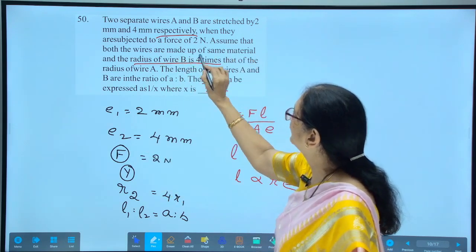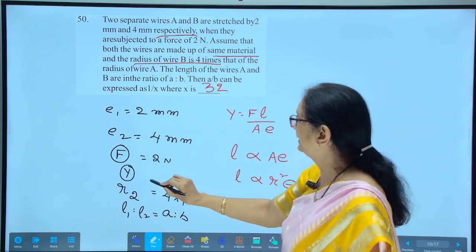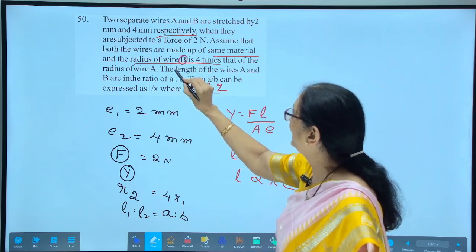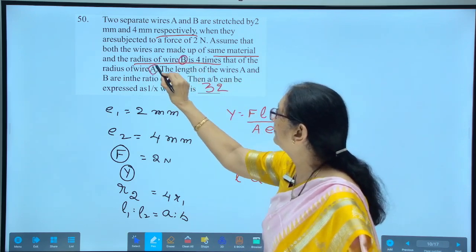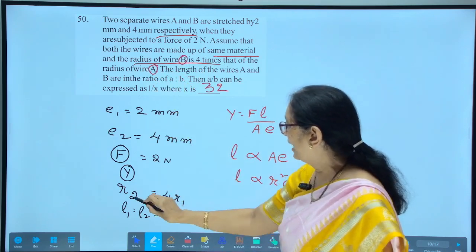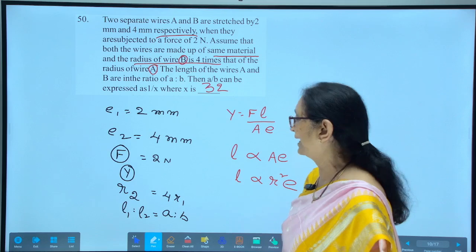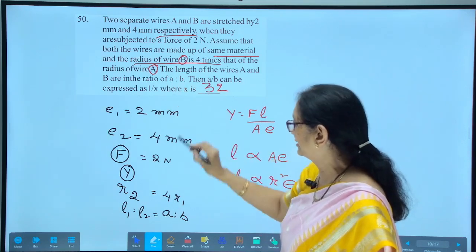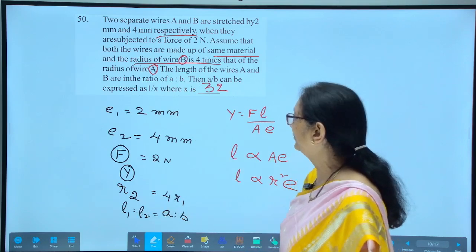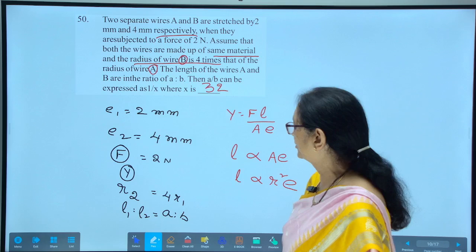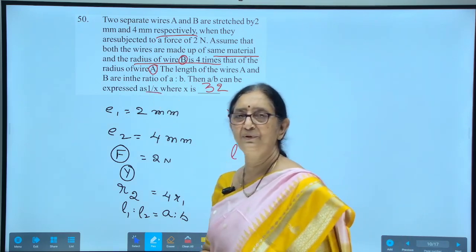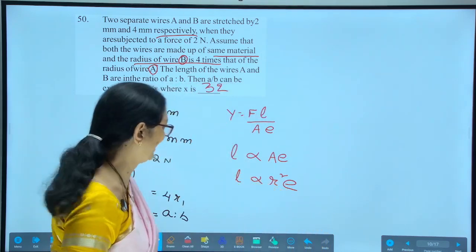Assume that both wires are made up of the same material, so Y is also the same. Radius of wire B is 4 times that of wire A. So R2 is equal to 4 times R1. Lengths are in the ratio L1 is to L2 is A is to B, which is given as 1 by X. You are supposed to find the numerical value of X here.